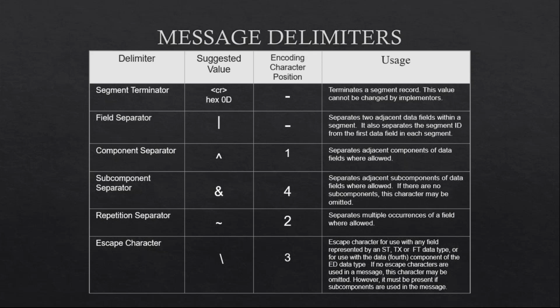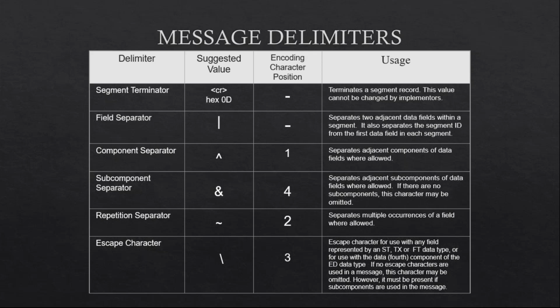And then we have a repetition separator. A repetition, in the sense that, for example, let's say there is a field dedicated to a phone number, and that field can have multiple phone numbers. A patient might have two phone numbers, and those two phone numbers are held within that specific field.